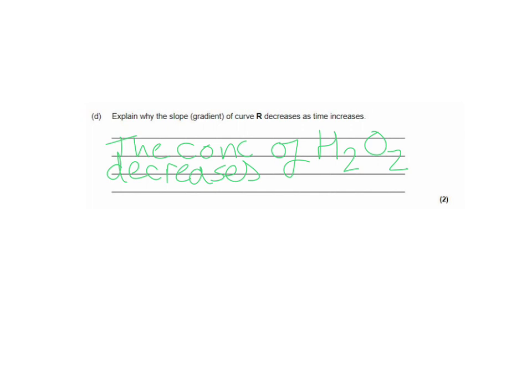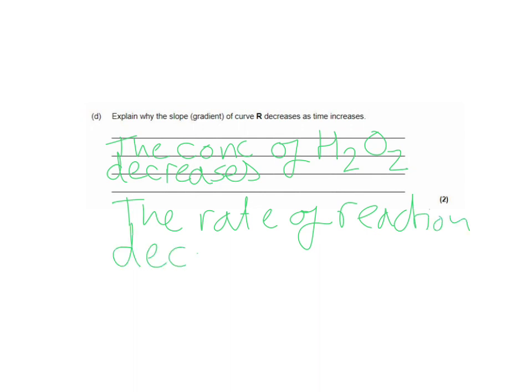Okay, therefore there are less successful collisions, or collisions are starting to decrease, the number of collisions is starting to decrease, and therefore less successful collisions, so the rate of reaction decreases.